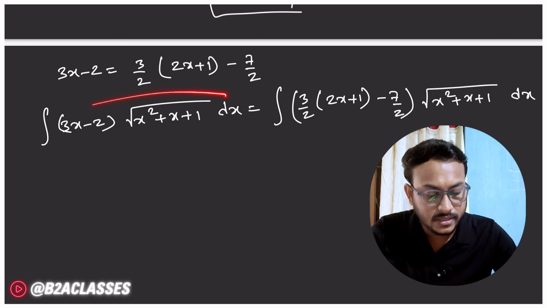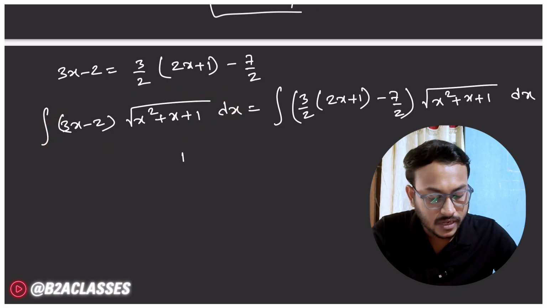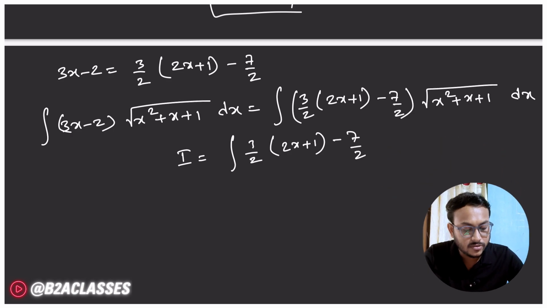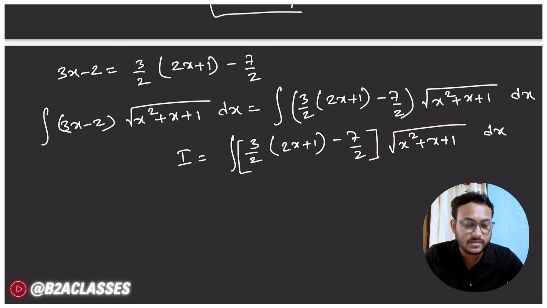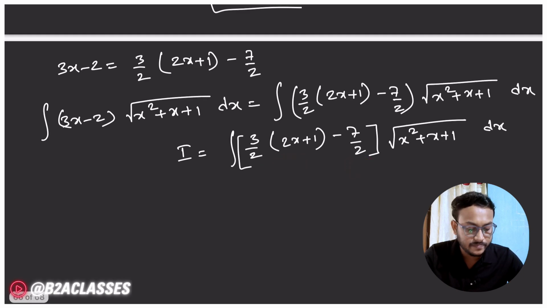Now let's say this integral is I. Here we have (3 by 2 into 2x plus 1 minus 7 by 2) root over x square plus x plus 1. Now I will multiply the root over x square plus x plus 1 with the first term and with the second term.